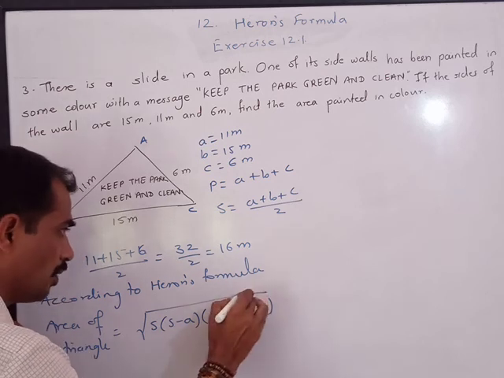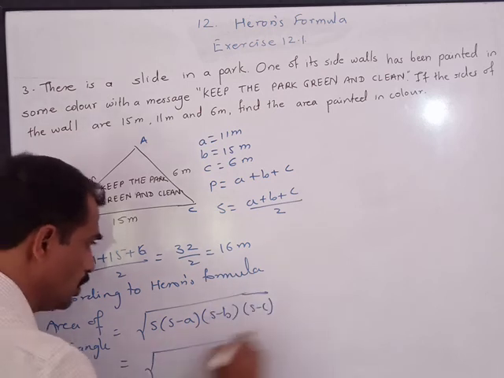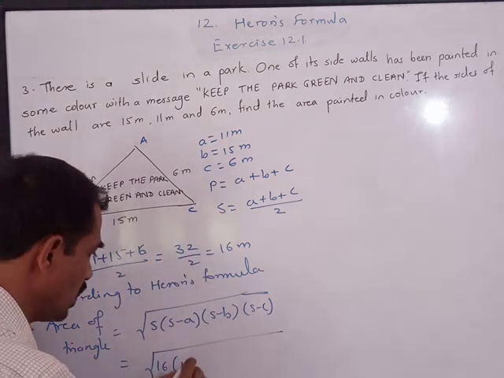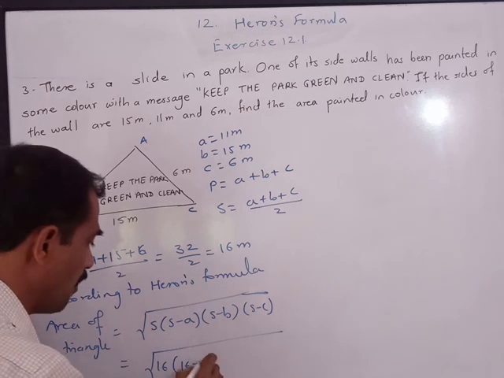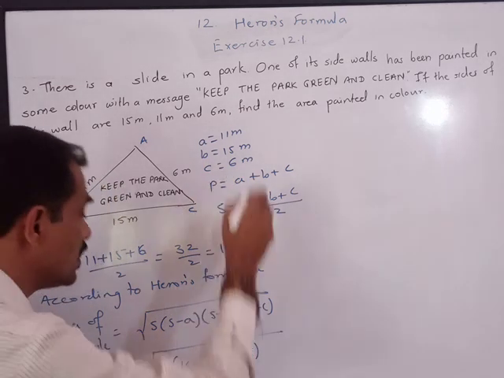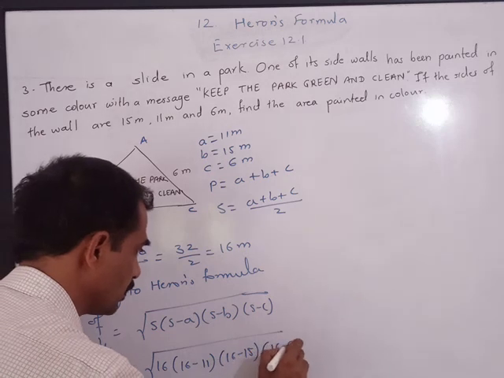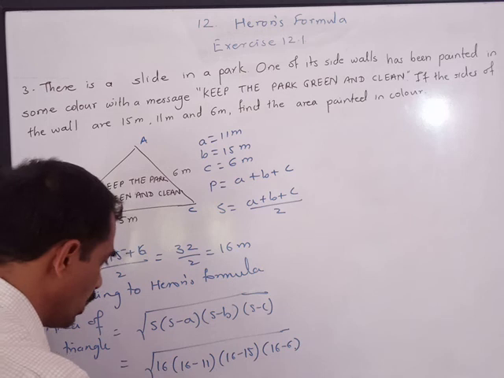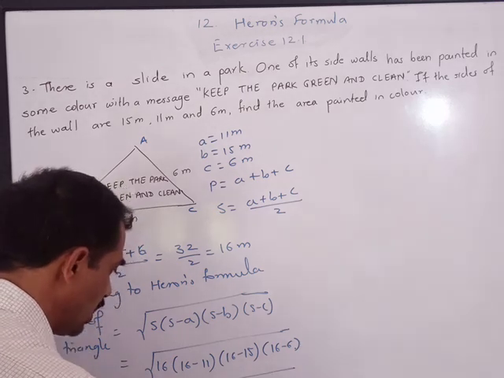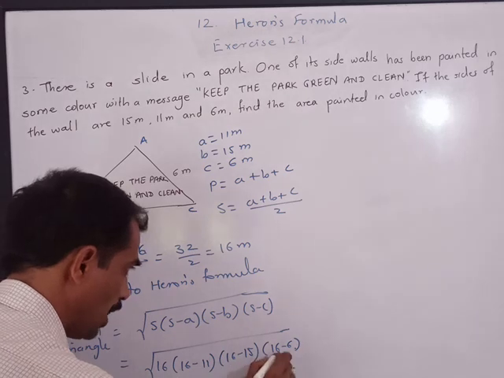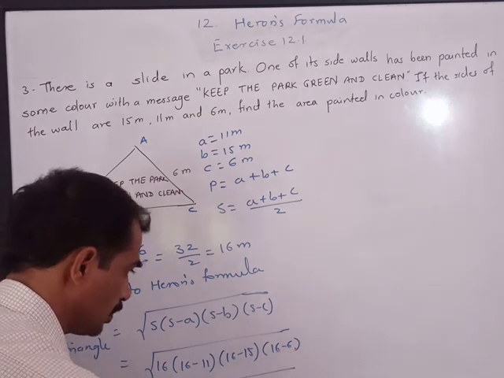So this is equal to under root 16 into (16 minus 11), (16 minus 15) and (16 minus 6). So this is equal to under root 16 multiplied by 5 multiplied by 1 multiplied by 10.